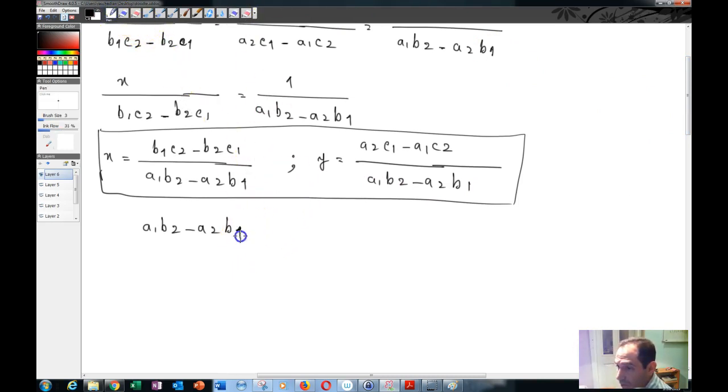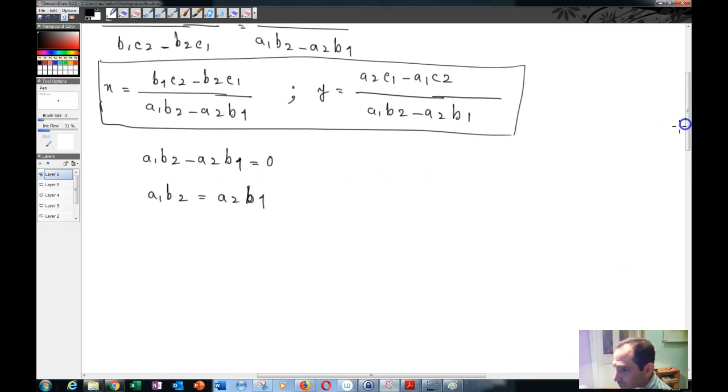If it's equal to 0, then that means that a1b2 is equal to a2b1, and then you can rearrange this equation.